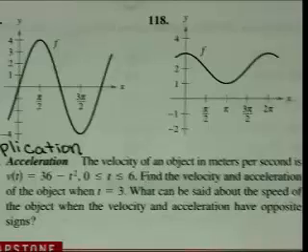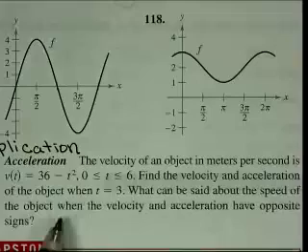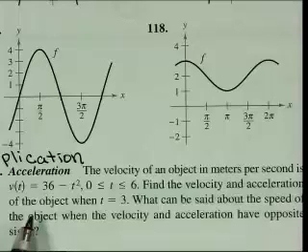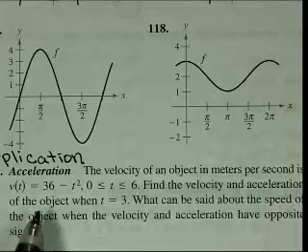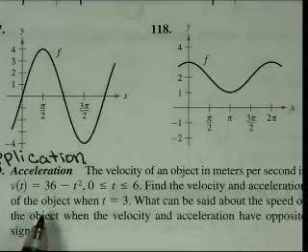Well, you know what? It would be the first derivative of the velocity function. You're absolutely right. I'm starting with the velocity function, so I only have to take the first derivative of it to get the acceleration function. If I had been given the position function, I would have had to have differentiated twice to get acceleration.